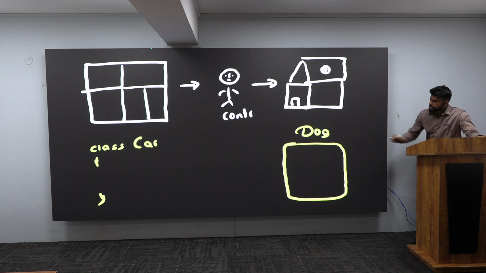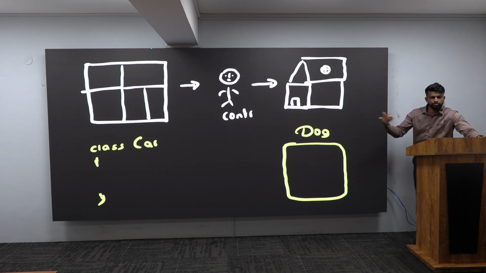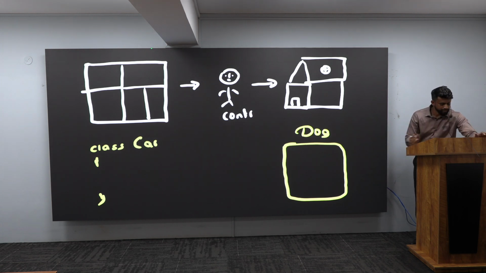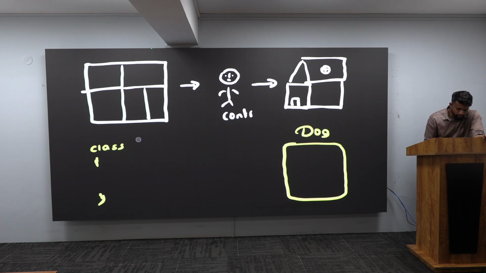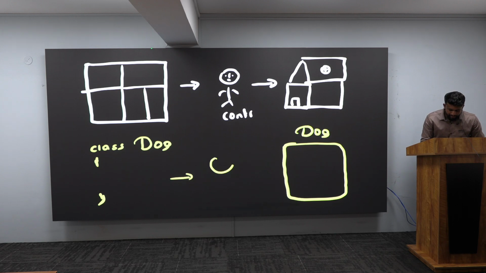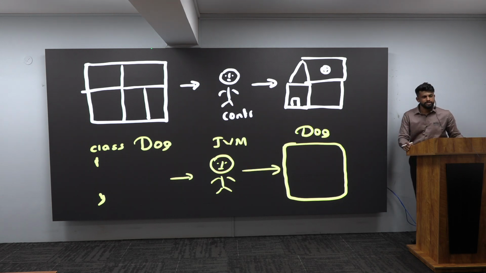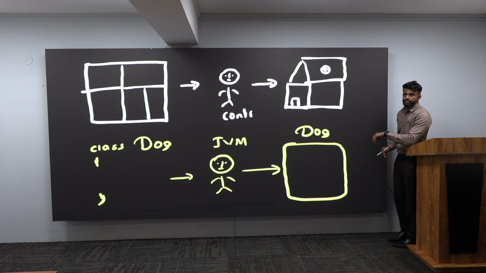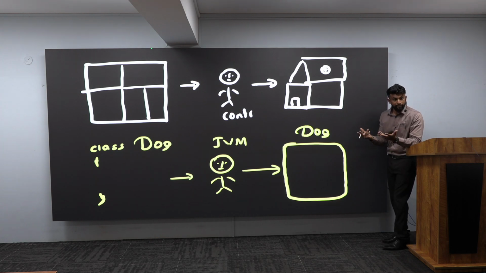Have you created a dog object without the class? Absolutely no. First you prepared the design, that is the class. Looking at this class, you have given it to one smiling fellow. Who is that, sir? He is the JVM, and the JVM has created an object for you. Means without the class, there is no existence of any object.